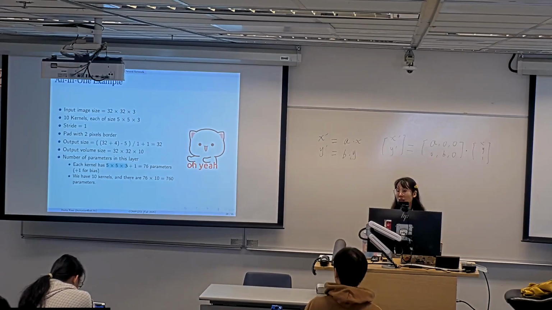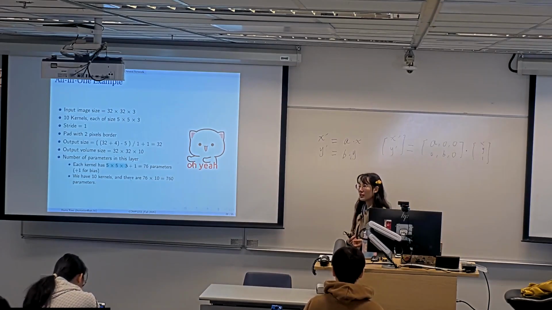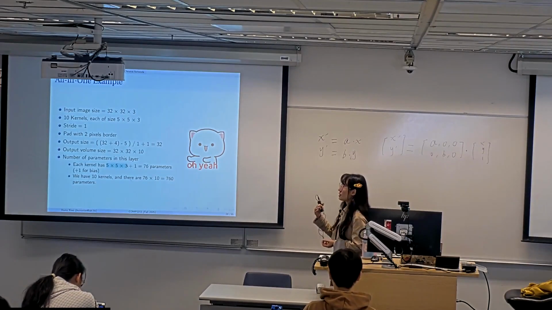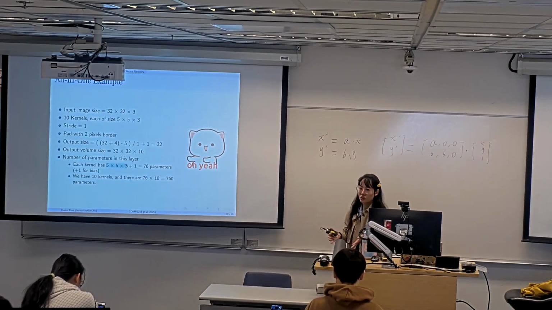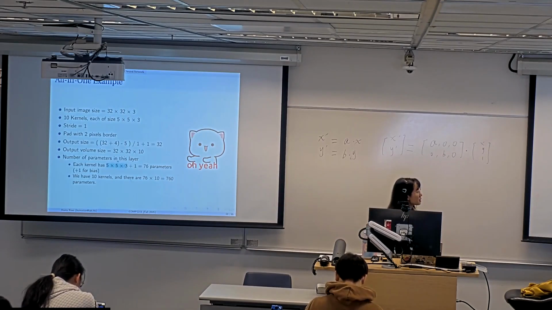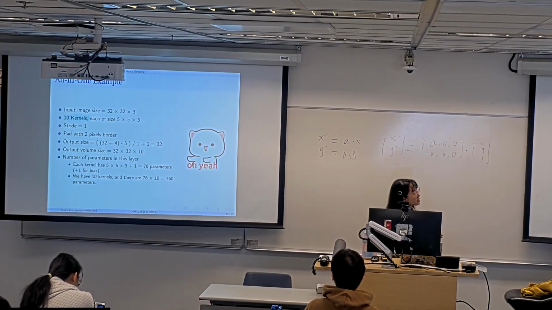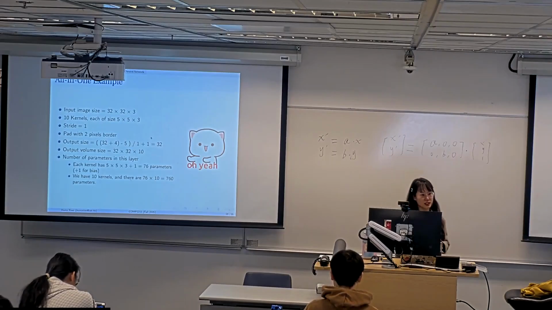That means after the image convolution, we will add the bias value to each entry of the output. So each kernel should also consider this bias parameter. Now each kernel has 76 parameters, and we have 10 kernels, so there are in total 76 times 10, which is 760 parameters in this convolutional layer. So this is how we can get the number of parameters in a convolutional layer.